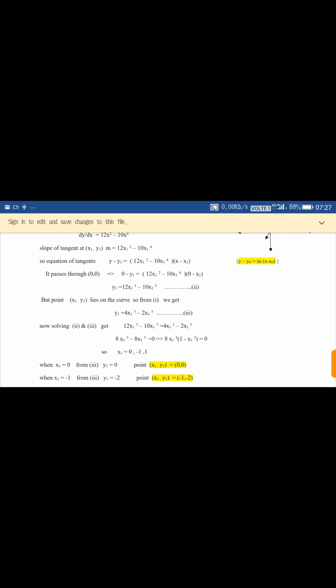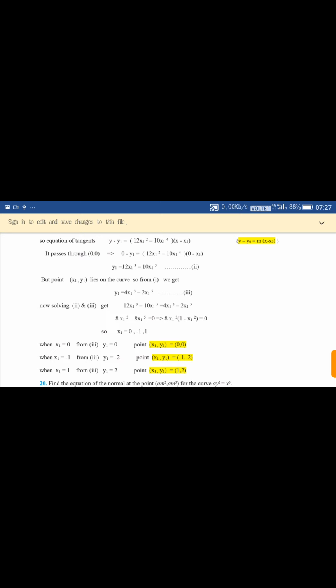See it third. Now solving these two, we can equate both the values of y1 from second and third. So it becomes 12x1³ − 10x1⁵ = 4x1³ − 2x1⁵.